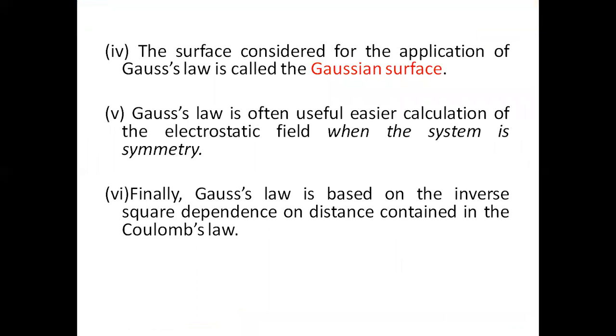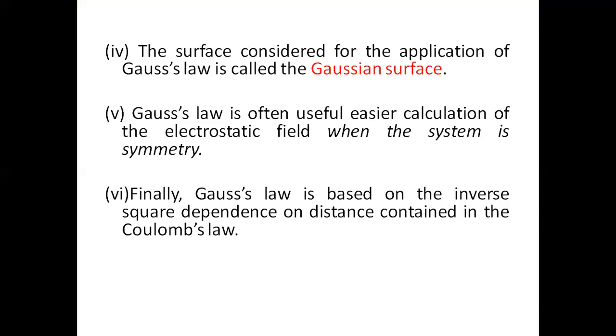Gauss's law is often useful for easy calculation of the electrostatic field when the system is symmetric. So for easy calculations we apply Gauss's law, but the condition is that the system should be symmetric.